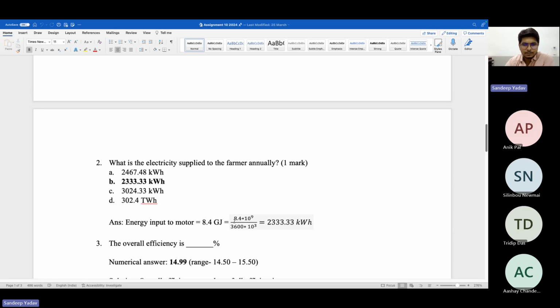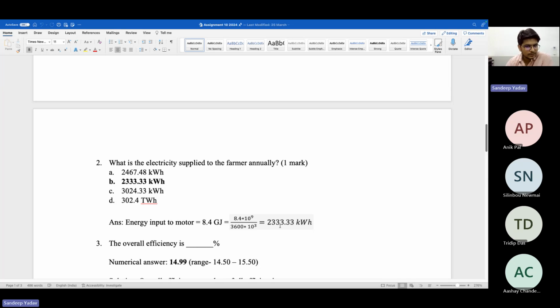Similarly, we multiply it by 10 raised to the power 9, because we are converting gigajoule to joule, and we are doing it on an hourly basis. For the kilowatt, we are multiplying by 3600 to convert to the hour. It's for the annual basis, and then finally we get the answer of 233 kilowatt hour.